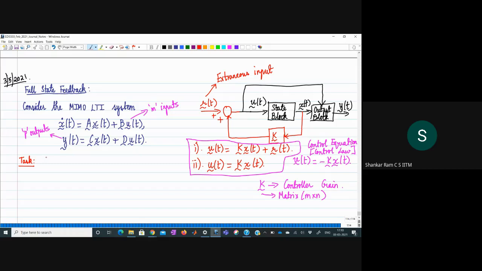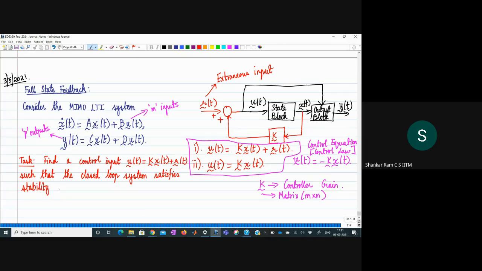The task at hand is the following: find a control input u of t, which is of the form k x of t plus r of t, such that the closed loop system satisfies stability and performance.